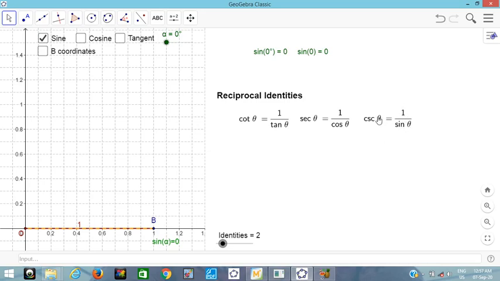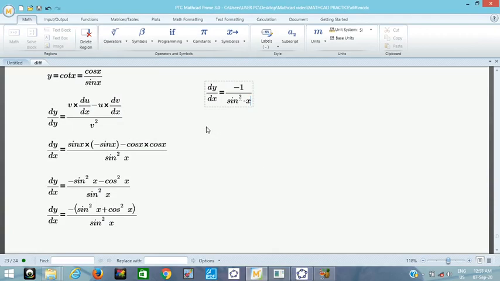So finally, dy/dx is going to be equal to minus cosec, and since it's squared, you need to put square: minus cosec squared x. So that is the result for cot x. Whenever you differentiate cot x, it's going to give you minus cosec squared x.